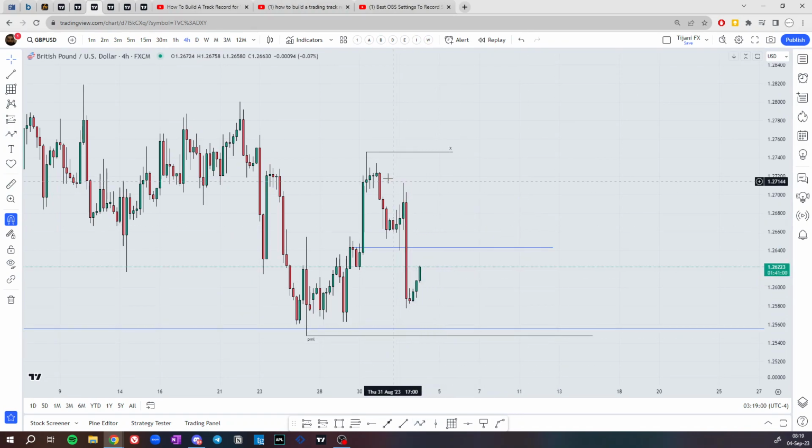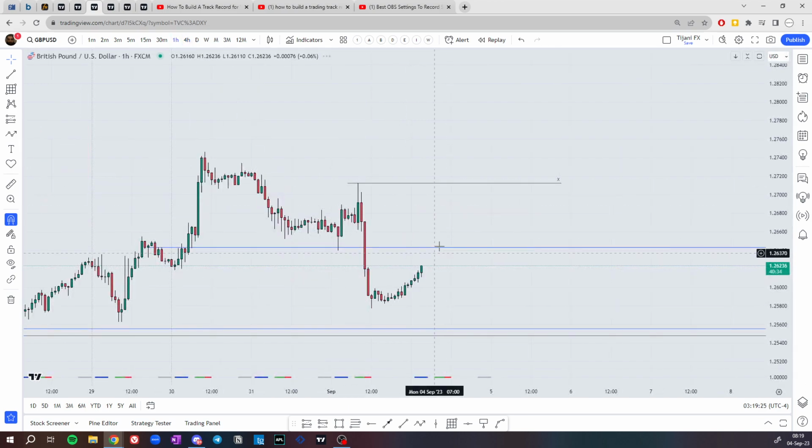It could move my invalidation level above this high here. If price checks this high, there is a higher chance that price is going to check this high here. So my invalidation level now has changed to this 4-hour high. So I'm expecting price to respect the premium of this 4-hour range to drop lower.